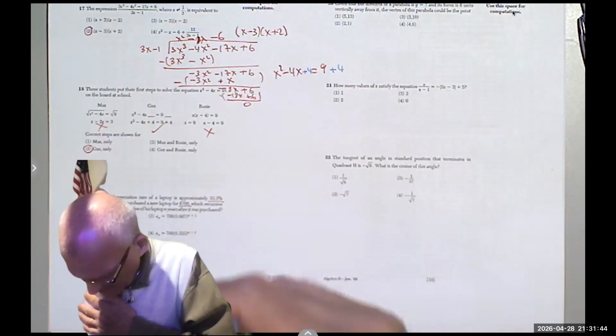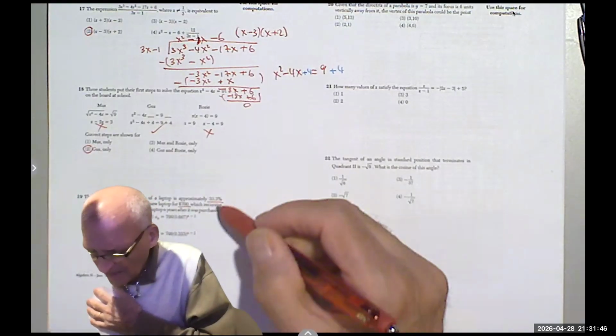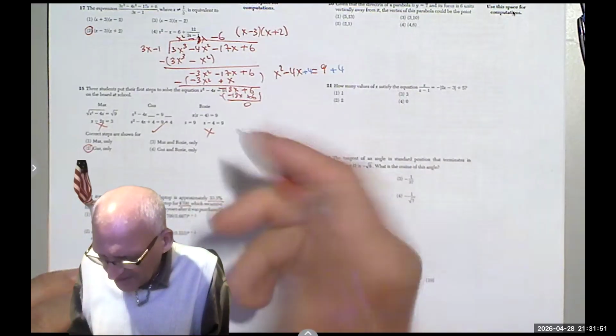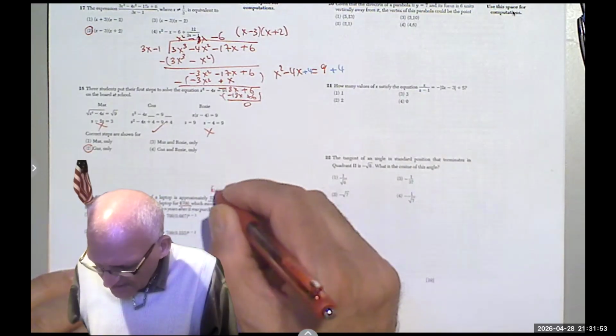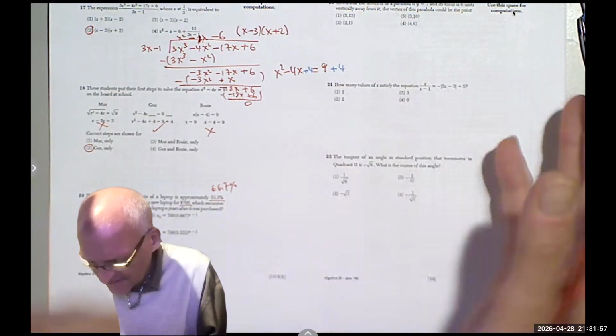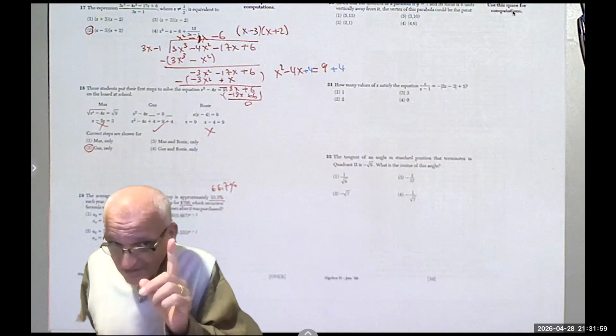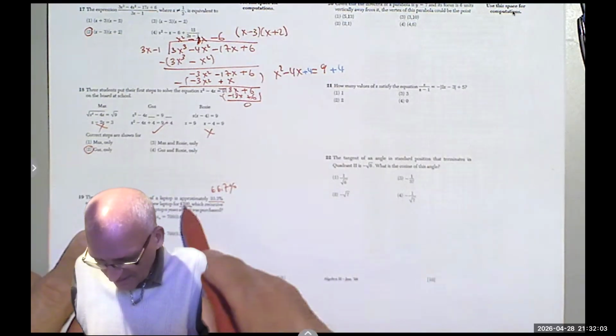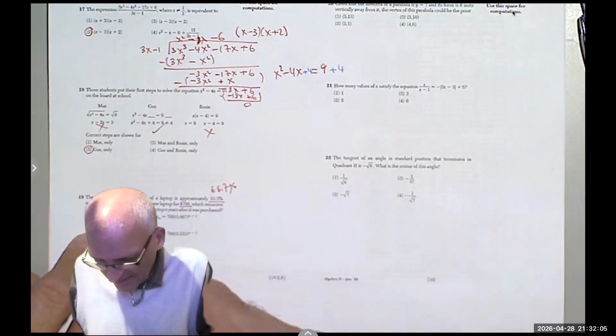If the value depreciates 33.3%, then every year it becomes 66.7% of the previous year, or 0.667. Not 67. Okay. A0 is 700. Yes. A sub n equals the previous year times 0.667.